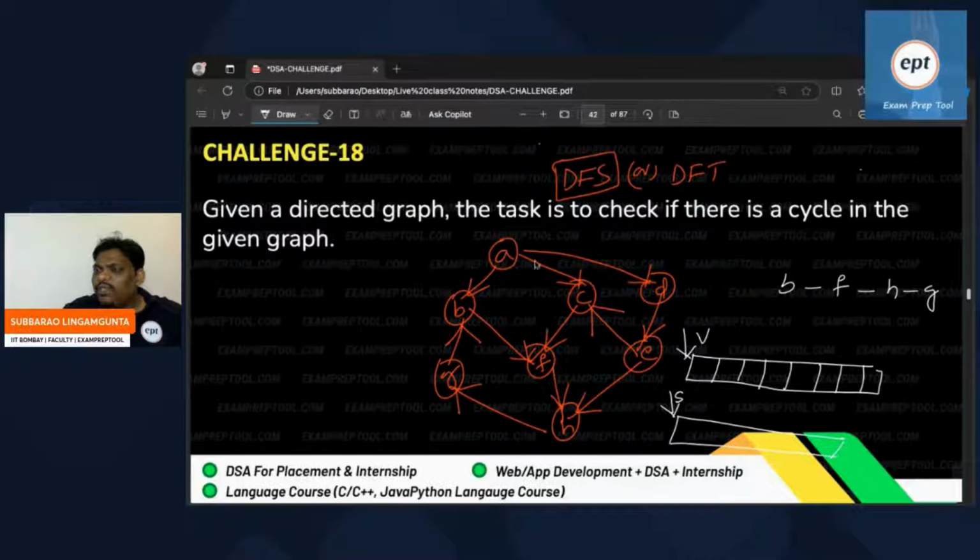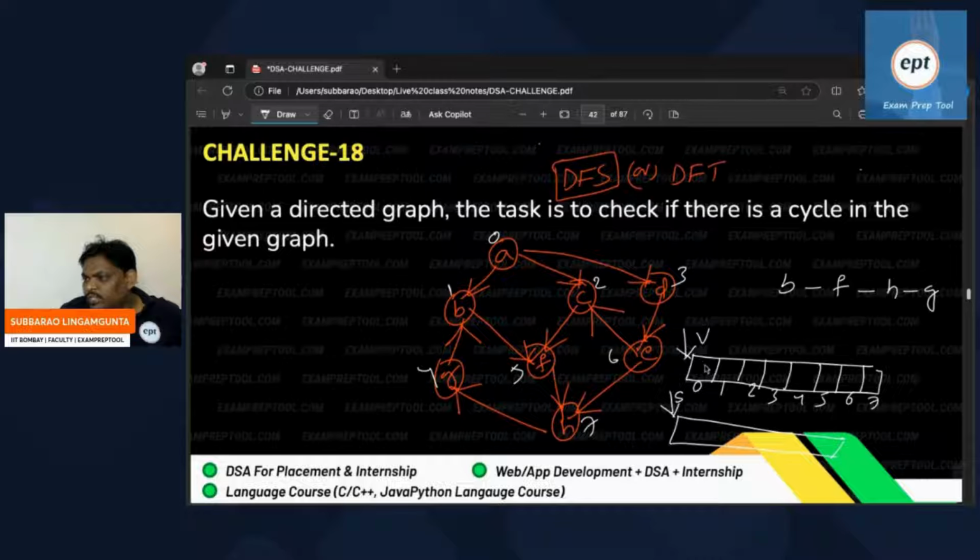For every element of this graph, you can give one index number. Assume A means 0, B is 1, and so on, up to 7. You can give it whichever way you want. In Python, this array is called a list. Just the names change, the story is the same.